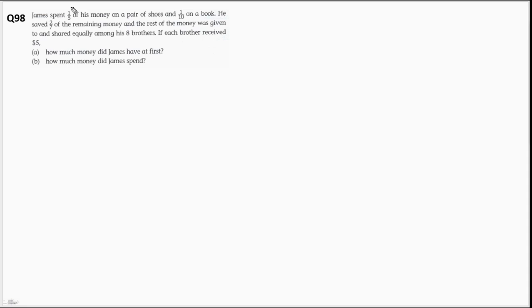Okay, so what I notice is we've got a fifth here and a tenth here, and it's a fifth of all of his money, and this is a tenth of all of his money. Now, fifths and tenths go together really well. If we wanted to change fifths into tenths, 1/5 equals how many tenths? Well, that's nice and easy. How do we get from 5 to 10?